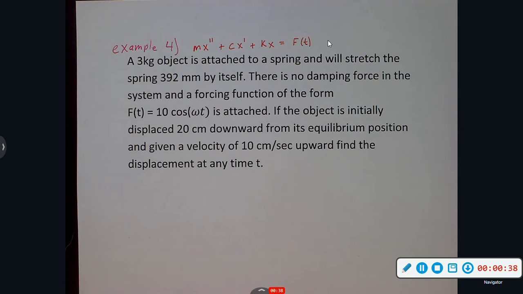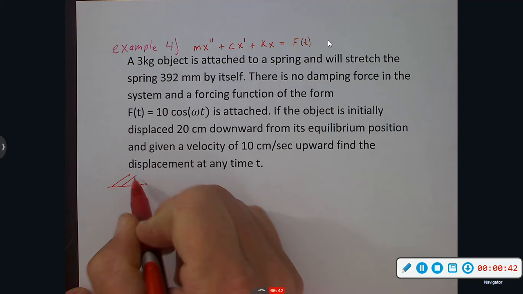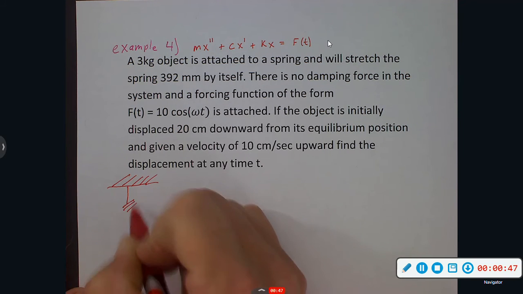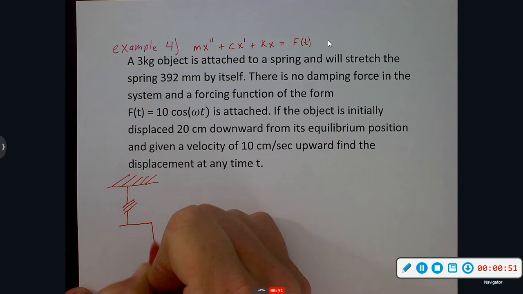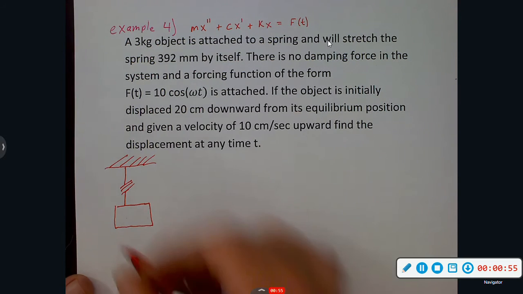All right, so where do we begin? Free body diagram. We have our mass.